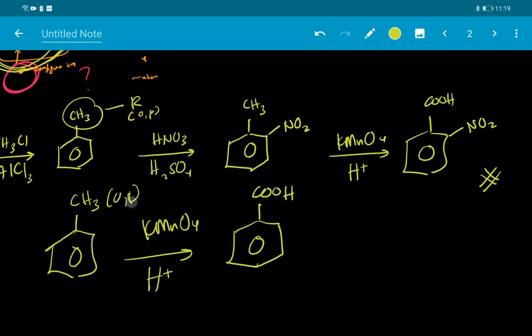At this point of the reaction, the ortho-para director properties have changed into meta-director because COOH is a meta-director.